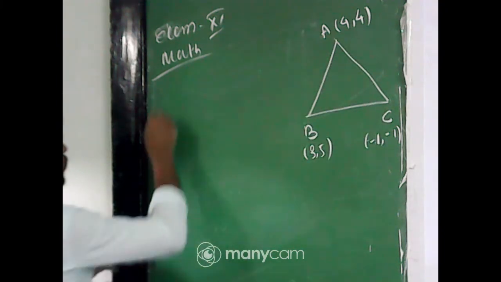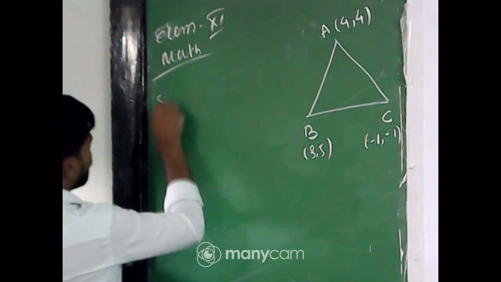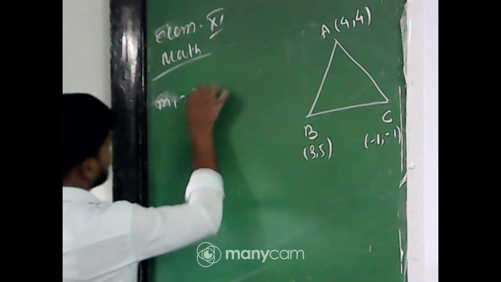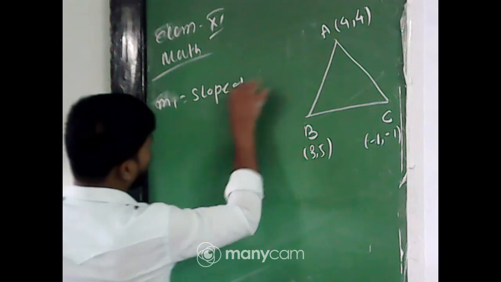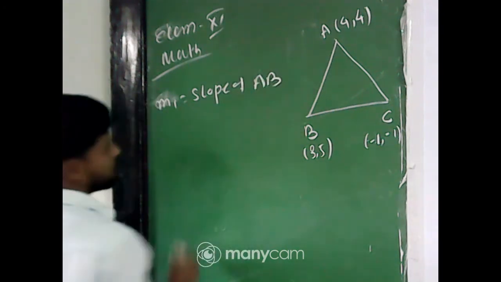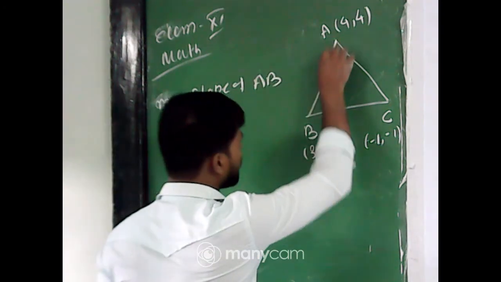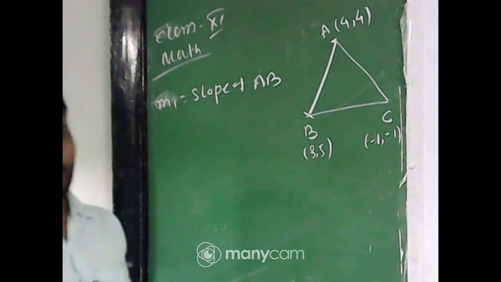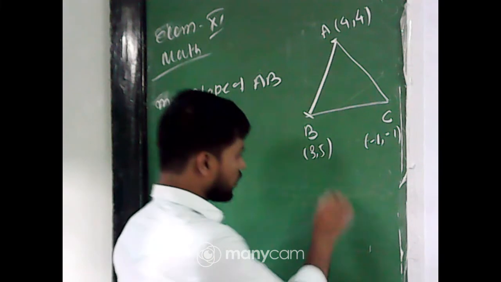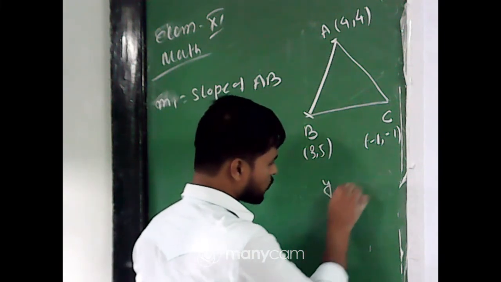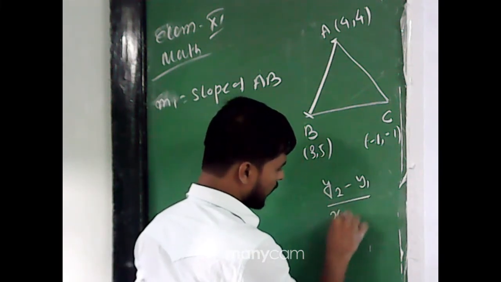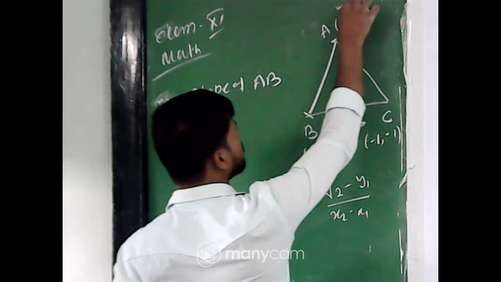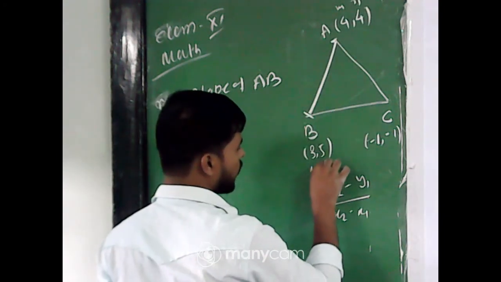Okay, so let us consider the coordinates of the vertices like this. First we will calculate slope. Let m1 be the slope of the line AB. Two endpoints are given. How to find the slope? The formula is (y2 minus y1) by (x2 minus x1). Let this be (x1, y1) and this be (x2, y2).